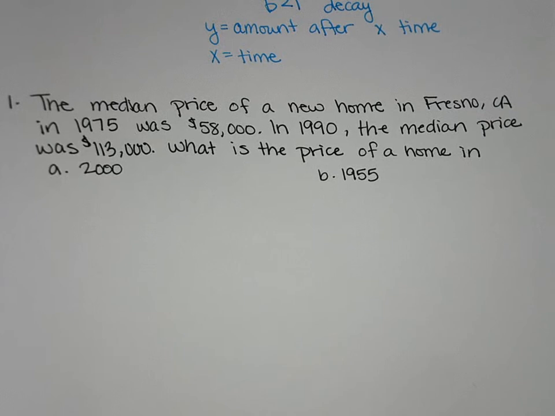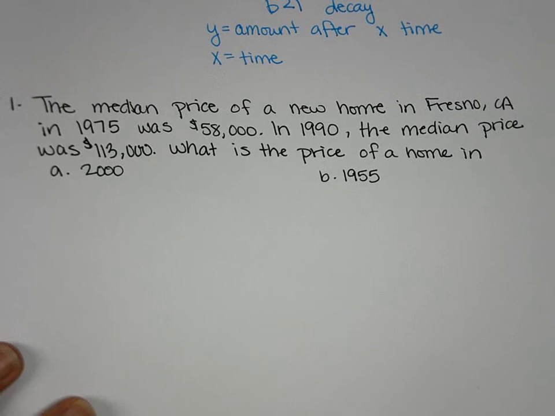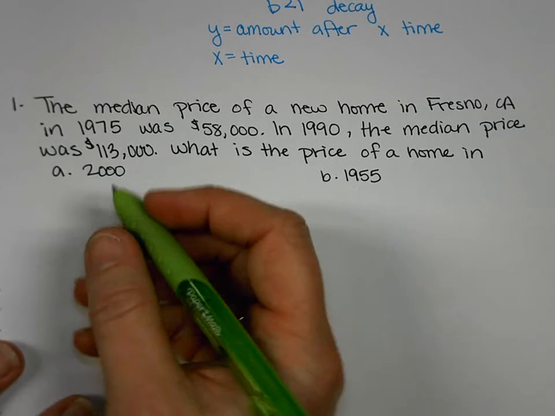We have a start price, we have an end price, we have time, but we don't have a growth factor, meaning we don't know how quickly these prices are changing. We know they're going up, but we don't know by a percent. So before we even get to answering A or B, I have to figure out what is our growth factor.